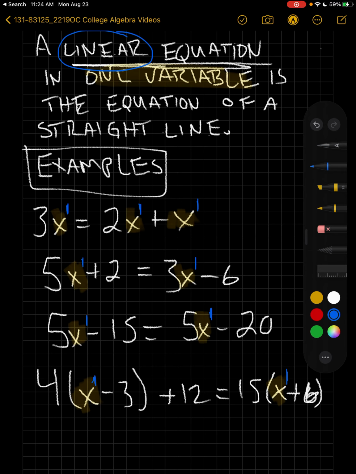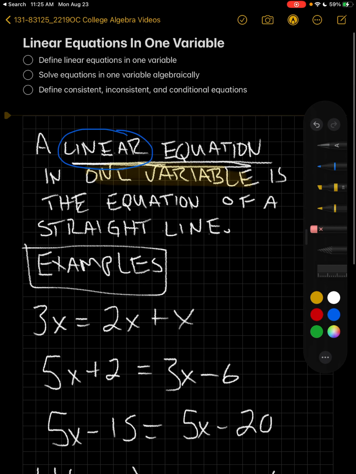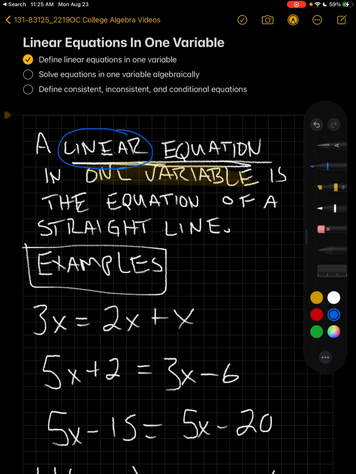Now, some of these linear equations in one variable are a little bit strange. I want to go over those and give you some examples of why they're strange, and we can use them to define those terms that we wanted to talk about. So here I've defined for you linear equations in one variable. Check! This is a good definition to start with.